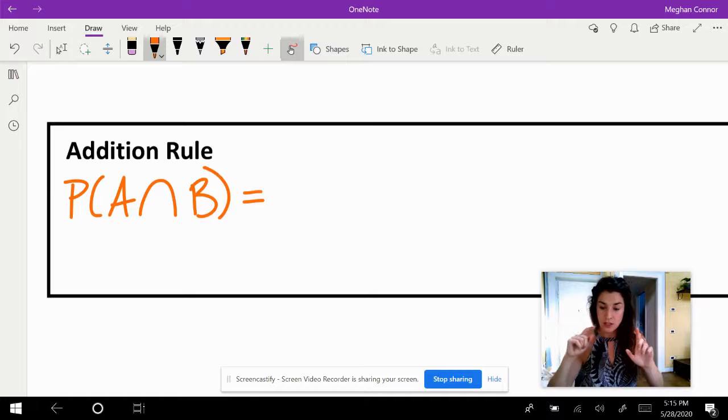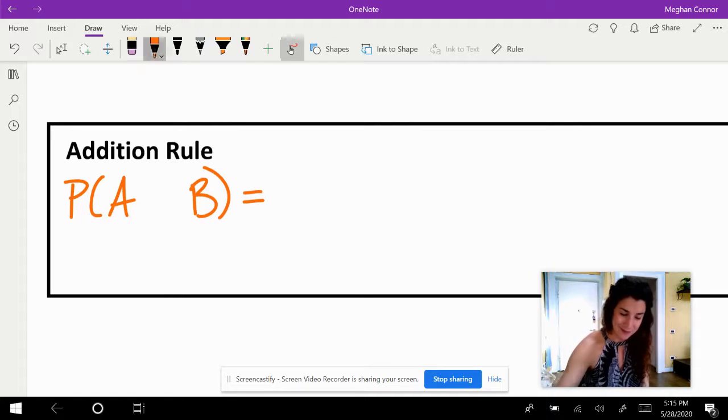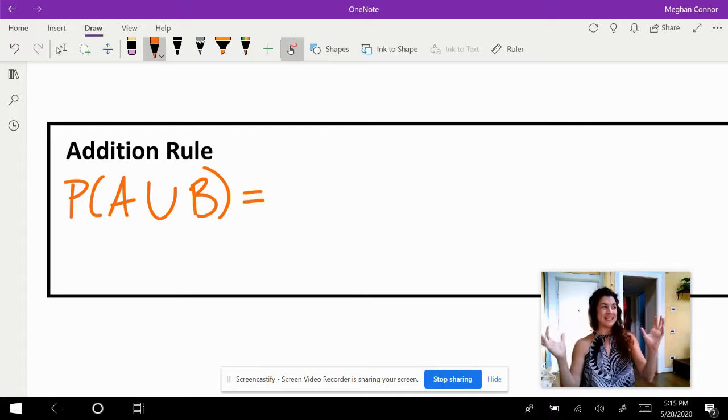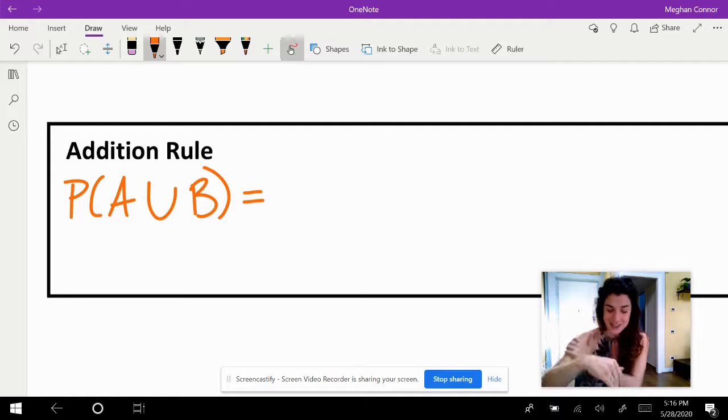So this or, no, I totally lied. This or this is this idea that we have any of those things that can go into this probability. So this is the union. Sorry, this is the union. This or this would be the union of anything.